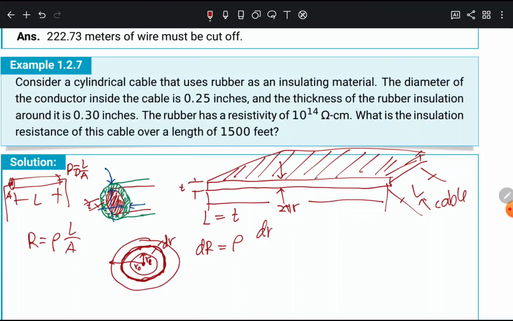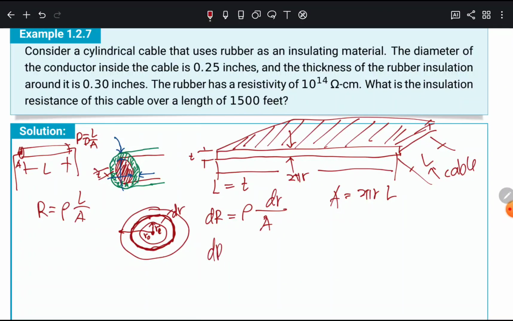To be precise, let's just call it dr. Then we divide that with the area, which is the circumference, 2 pi r, multiplied by the length of the cable, length times width. That's the area. So if we include this in our formula, this will be rho dr divided by 2 pi r l.